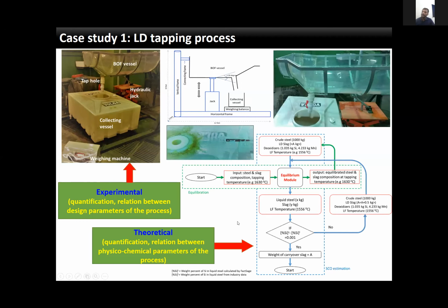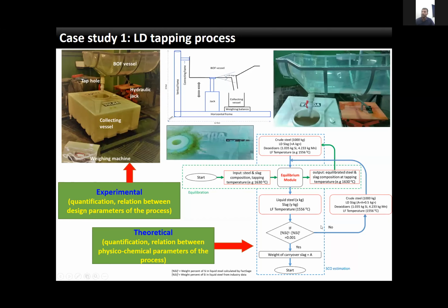And as I already mentioned, there is slag carryover during tapping. So we adopted a theoretical, FactSage simulation based approach to quantify how much slag is carried over into the ladle. That is a systematic approach.